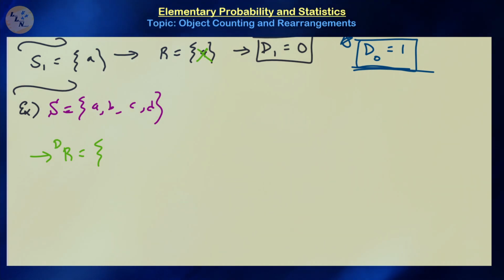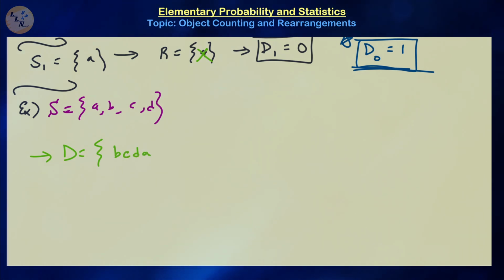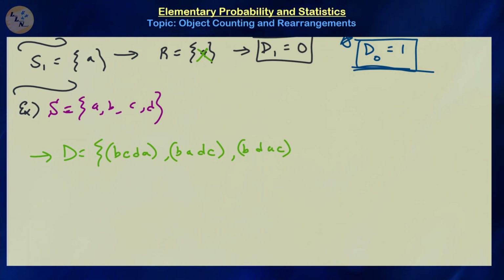I'm just going to call it D. So we could have B, C, D, and A. We could also have B, A, D, and C, and also B, D, A, and C. Those are all of the derangements where B is in position 1.